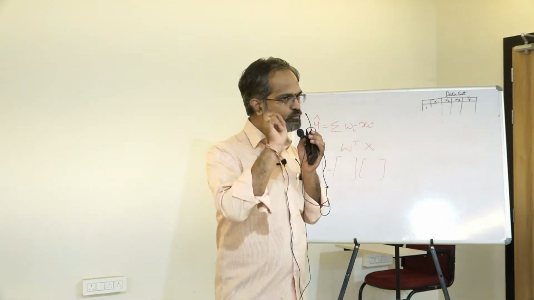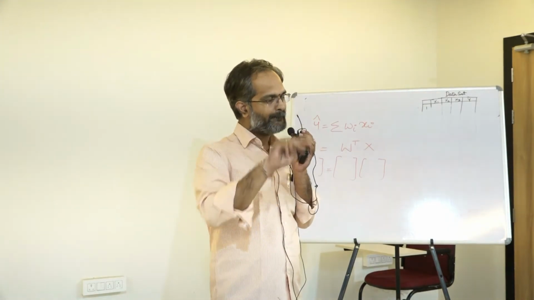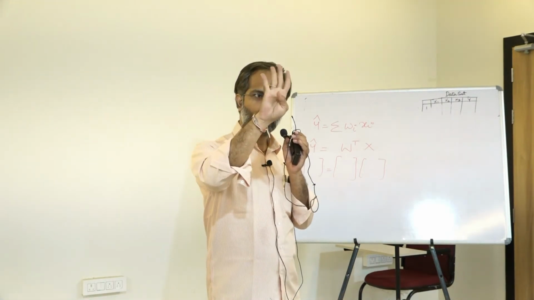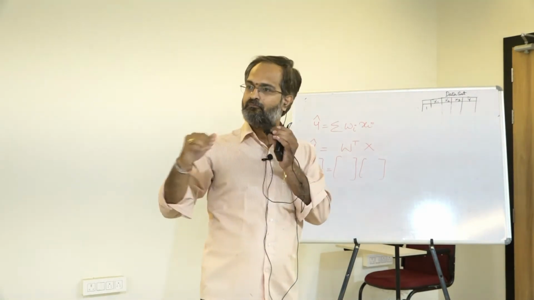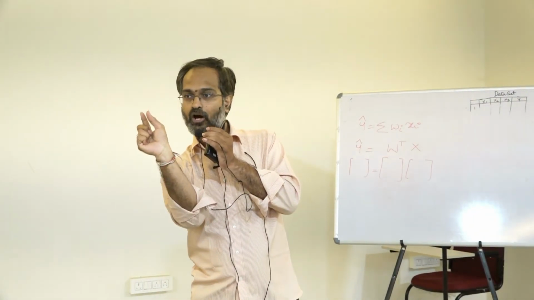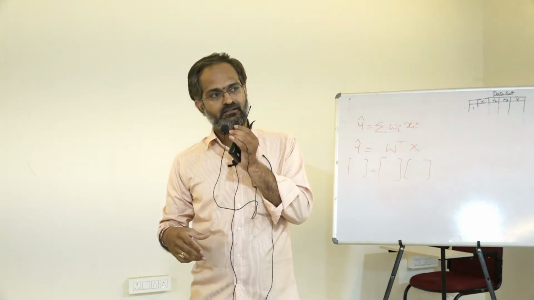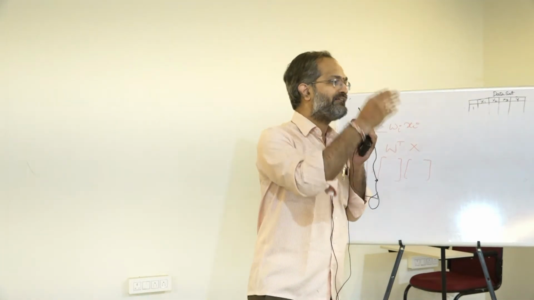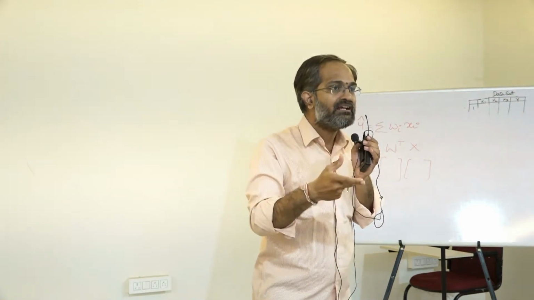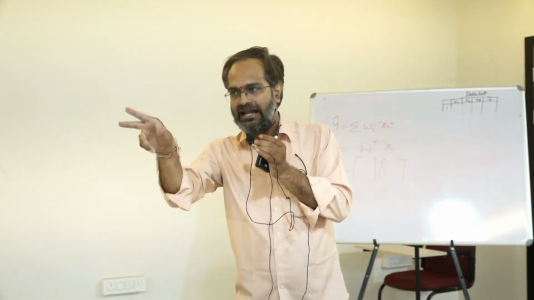If the error is 2, square it, it is 4. Error 3, it is 9. Meaning that even a small change in the error shows up very high. So it is more sensitive. So for training we will take the mean squared error.